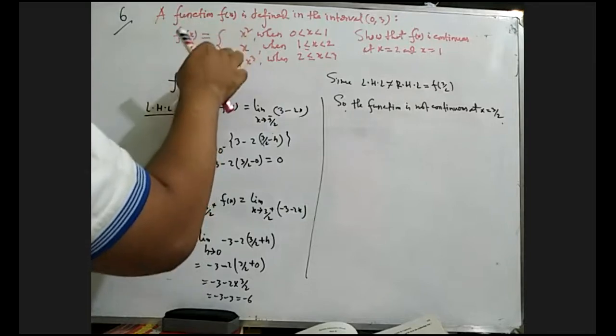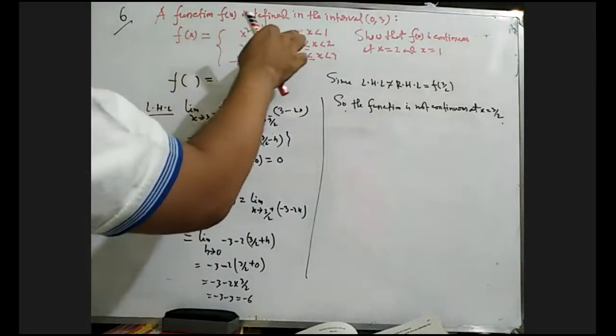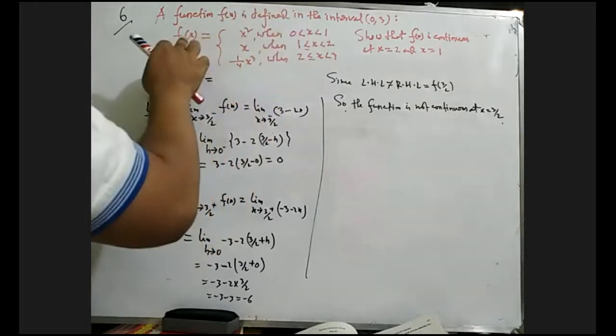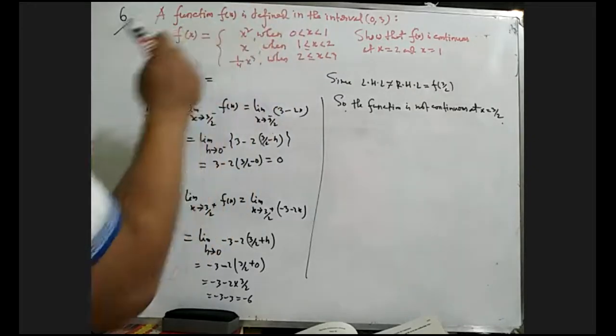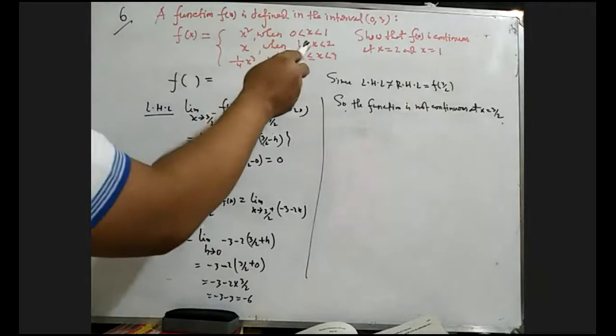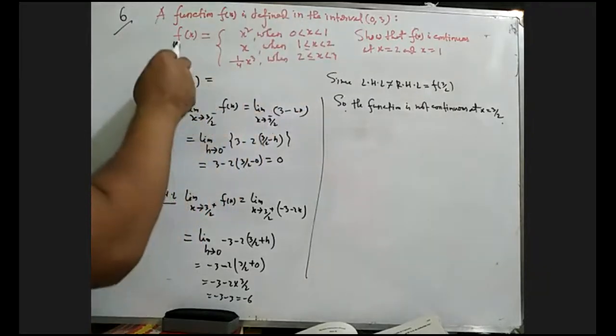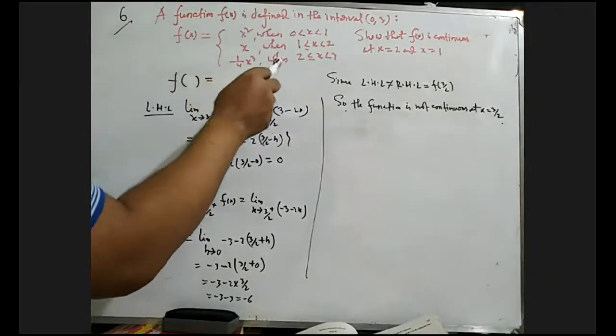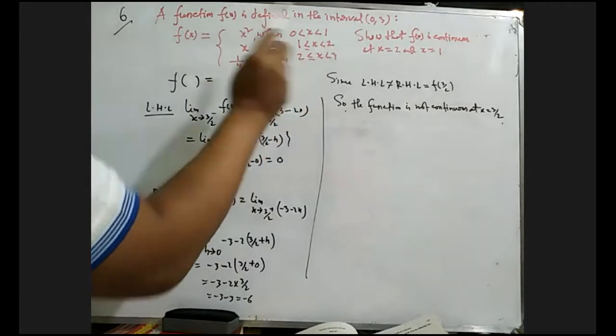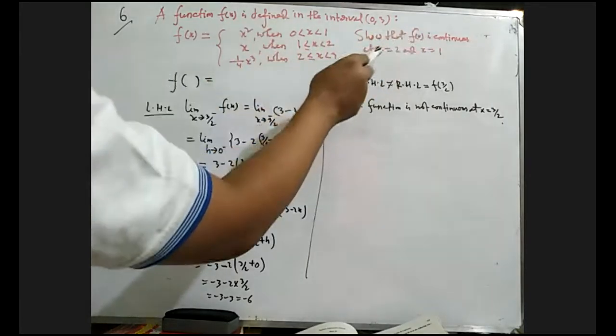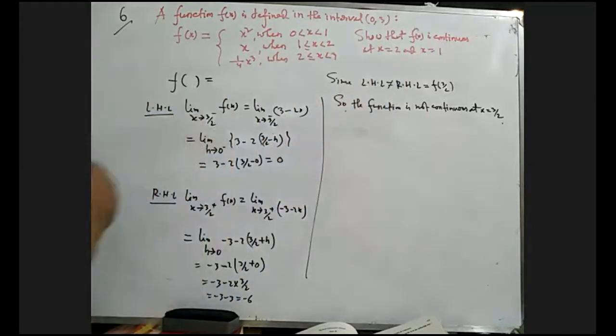This is also a piecewise function. f of x equals x square when 0 less than x less than 1, f of x equals x when 1 less than or equal to x less than 2, and f of x equals 1 by 4 x cube when 2 less than or equal to x less than 3. Then show that f of x is continuous at x equals 2 and x equals 1.